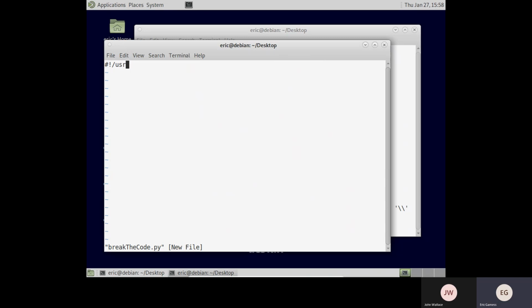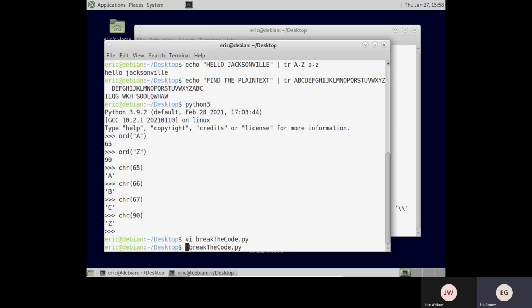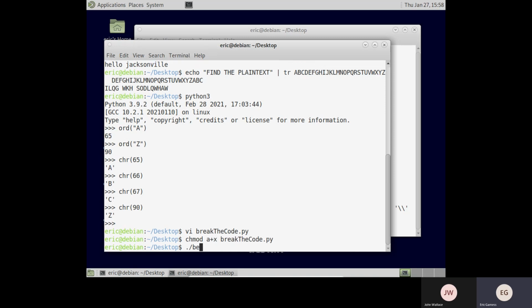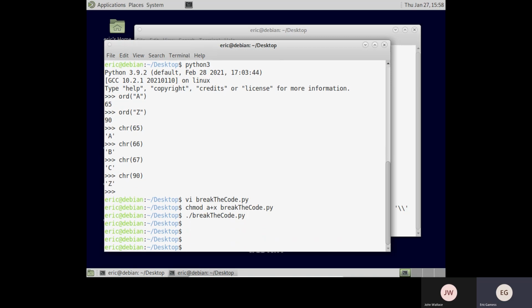So it is in /usr/bin/python3. Let me change the permissions so I can execute it, okay? It will show nothing for now because there is nothing inside, no instruction.